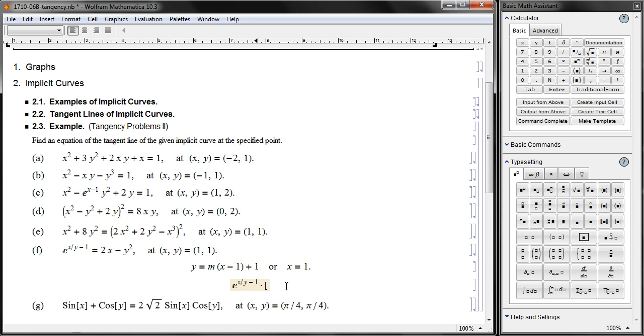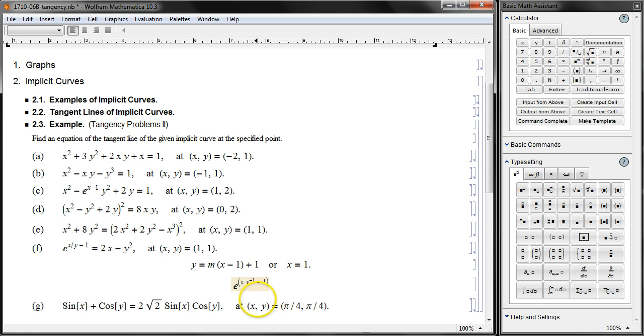So let's see, it's 1 times y to the negative second power. Excuse me, let's do it like that. I don't like to use the quotient rule, so let me rewrite this into this form so that I can get away without the quotient rule. Equals 2x minus y squared.